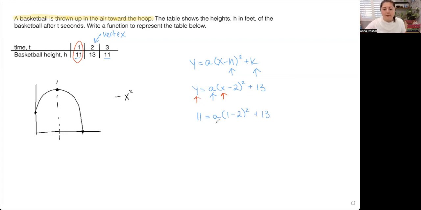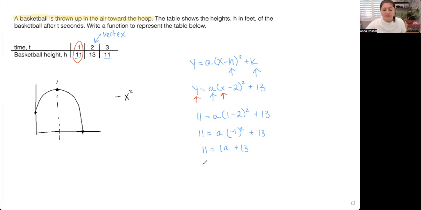Now I've only got one variable, and I can solve using order of operations, PEMDAS. I end up with 11 equals a, this will be negative 1 squared, plus 13. So 11 equals 1a plus 13.